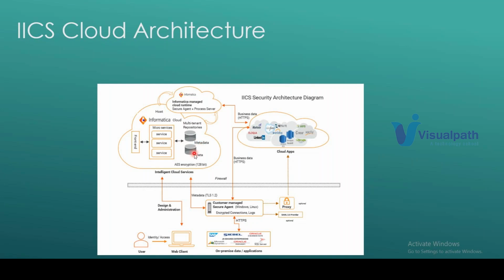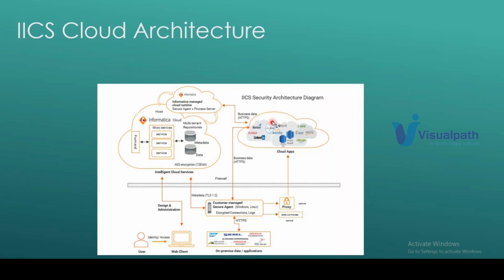So in fact, you're not sending the actual data. It is only the metadata that is getting exchanged from your interface or from your machine, from your network. You connect to Informatica Cloud and you connect to an Oracle database instance, or you connect to a Salesforce.